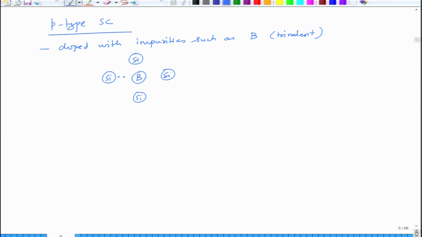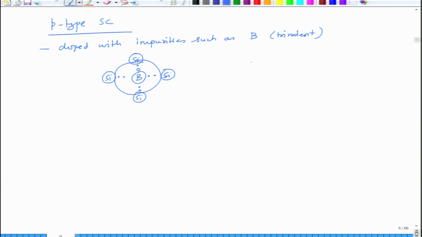Boron comes with only 3 electrons, silicon has 4 electrons to share. So, where does the boron atom bring an electron from? It cannot bring an electron, it is short of electrons, right. So, this creates a hole in the valence band. So, 3 electrons are shared, and there is a hole there.